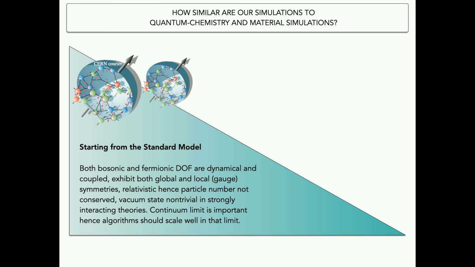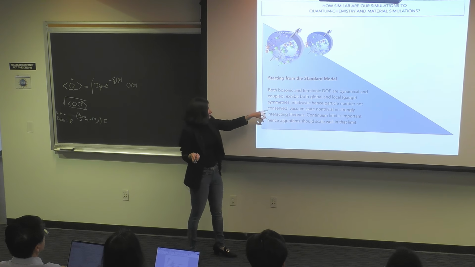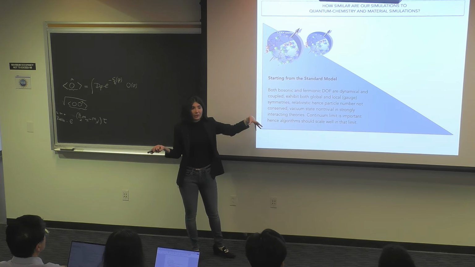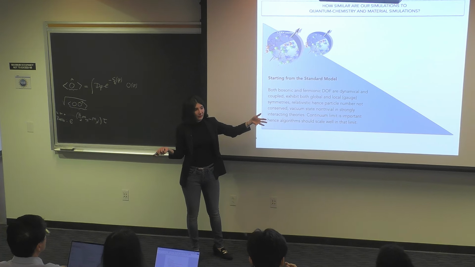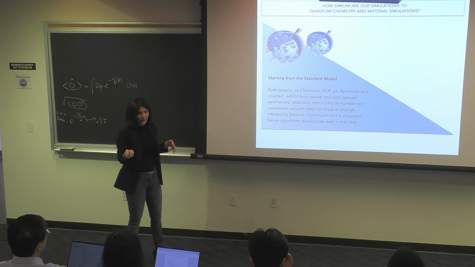We talked about local gauge symmetries being very important, and we have to definitely encode them properly in the formulation. These systems are relativistic, so particle number is not conserved. So even the vacuum of a strongly interacting field theory can be very non-trivial. So we have to be able to build that properly in quantum hardware.